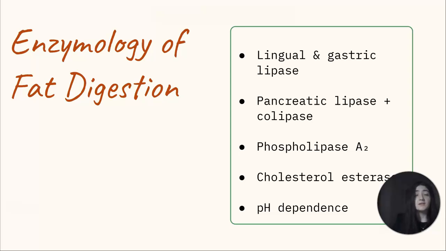Additional enzymes such as phospholipase A2 help digest phospholipids, while cholesterol esterase frees cholesterol for absorption. These enzymes are highly pH sensitive, which is why our body releases that pancreatic bicarbonate to help out during fat digestion.